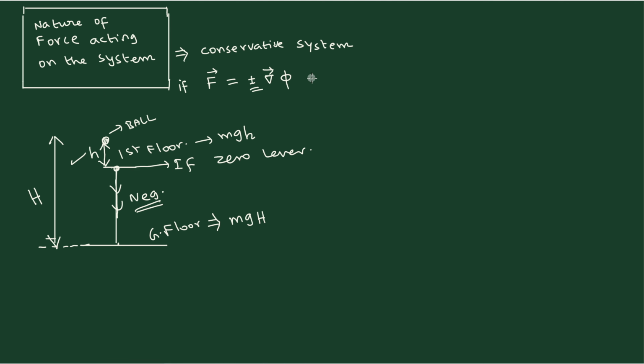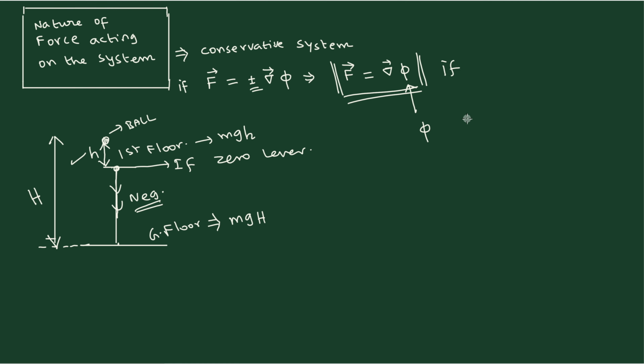So the point right now, what is required for the case of the conservative system, is that whenever the force acting on a particular mechanical system can be written down as a gradient of a scalar, if this condition is possible, or if the equality is valid, then we classify that particular mechanical system as a conservative system. But here now we are going to put some additional conditions, where phi is a scalar function.